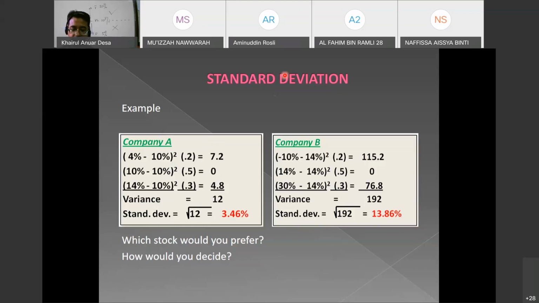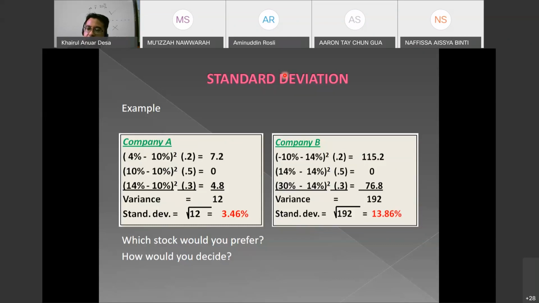Aaron Teh Chun Guan. Aaron, are you here? Yes. Alright, Aaron, which one that you prefer? Company B. And give justification why you go for B. Company B has high return.